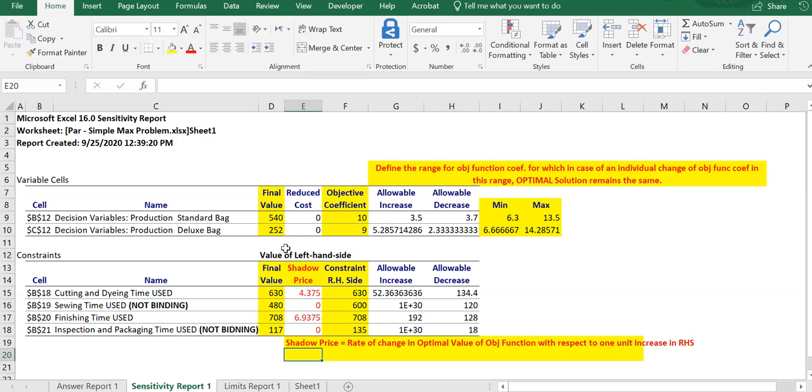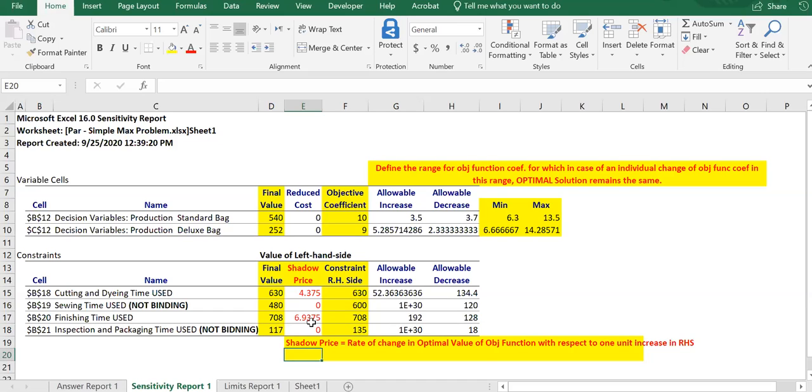And this is where you can come and check shadow price. So if you have the option to increase the capacity by 1 hour, which one should it be? Of course, the finishing. This is the bottleneck. 1 hour extra on this is going to make you almost $7 additional dollars.